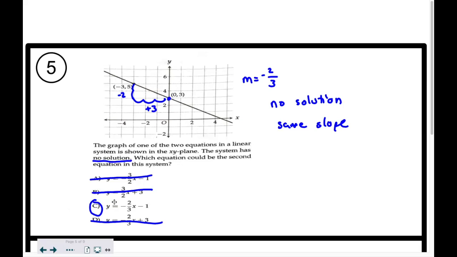All right, so it's again important to know the different ways that you could have no solution, because they can give it in different ways, right? They could give them in standard form, or they could give a problem like this in slope intercept form, or there could be a problem where it's just best to use Desmos. So we really need to know what we're looking for in each situation.